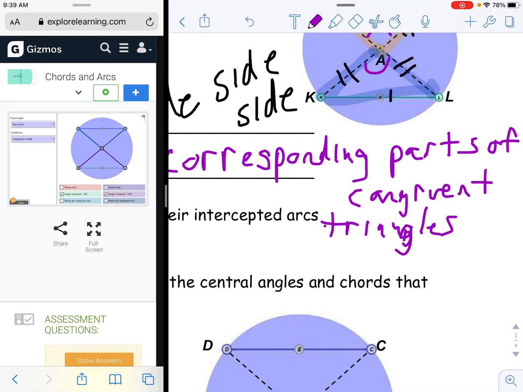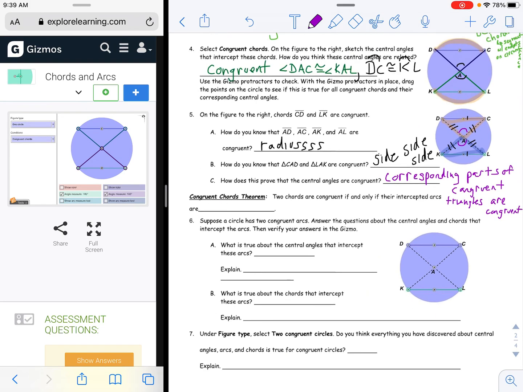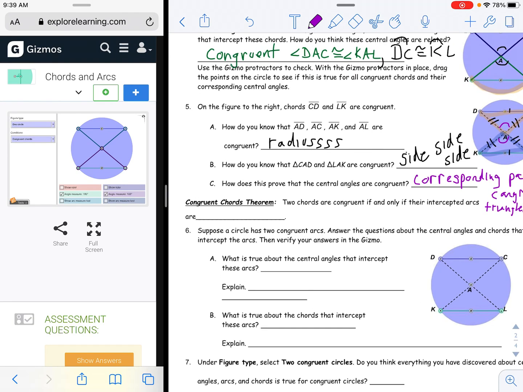Sloppy handwriting. Let me rewrite that word. Corresponding parts of congruent triangles are congruent. All right. And then right here, two chords are congruent if and only if their intercepted arcs are congruent.